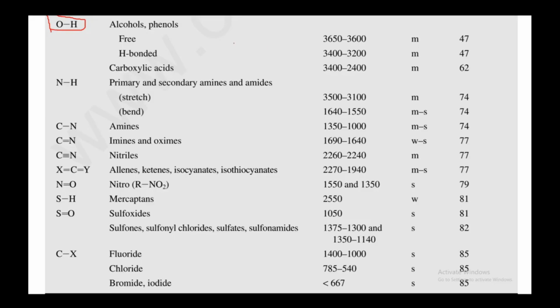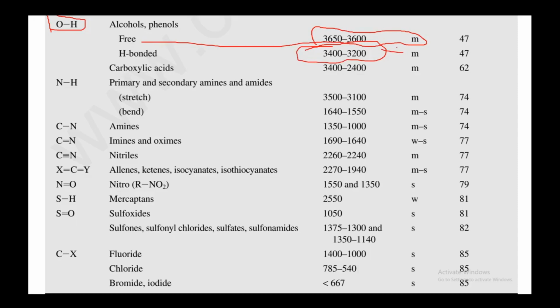The free OH group, which is not bonded to anything, will give you a medium intensity peak at around 3650 to 3600, and the hydrogen bonded OH group will give you a peak at around 3400 to 3200, and the peak intensity will be medium. So hydrogen bonding decreases the absorption frequency.